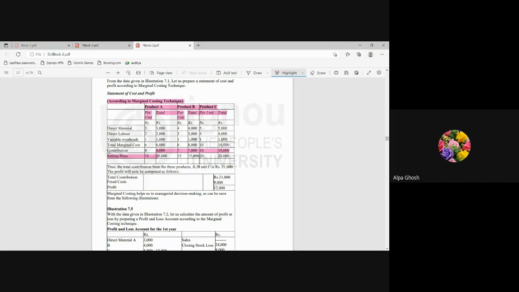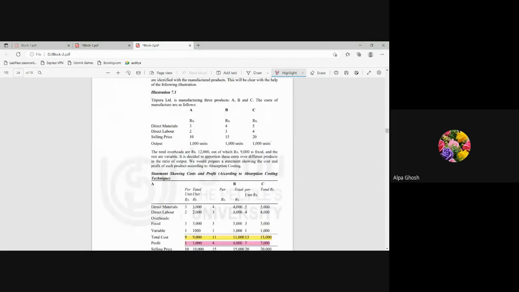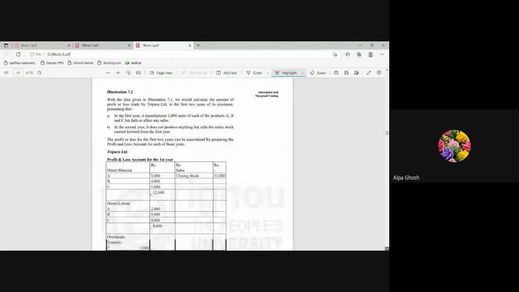So I'm highlighting it here. This contribution, this is the balancing figure. When I say it is the balancing figure, it means that this is the difference. Balancing means it is the difference.